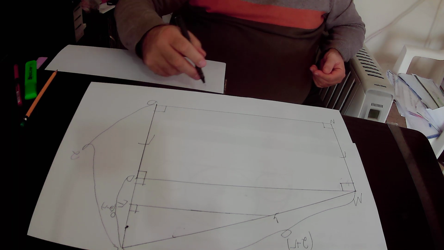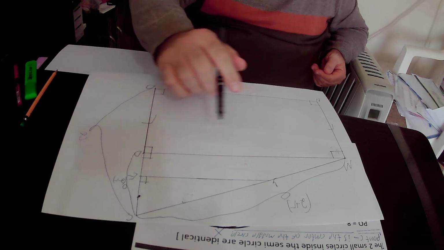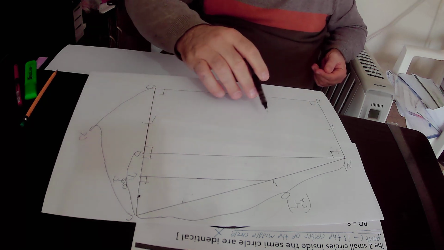The hypotenuse in the right triangle CDM is MC.